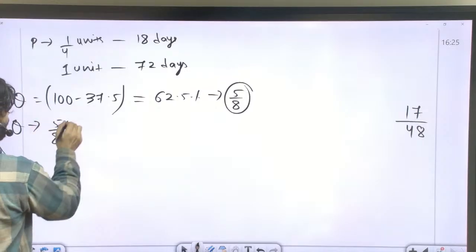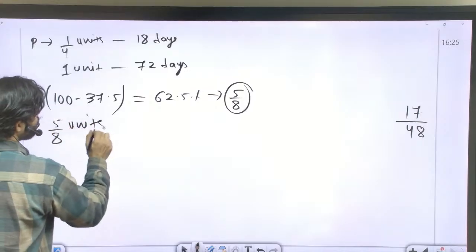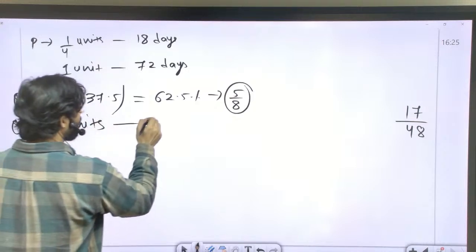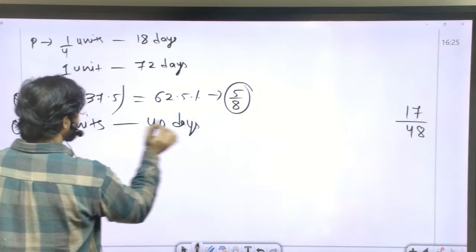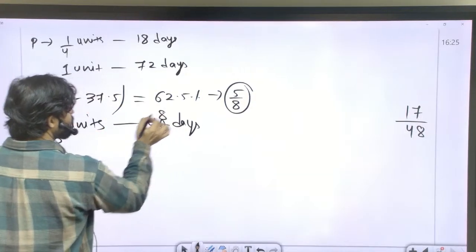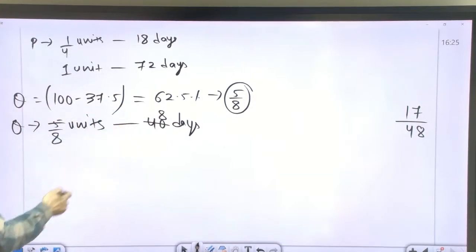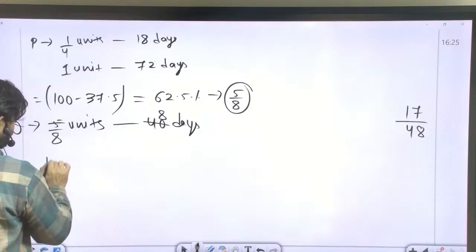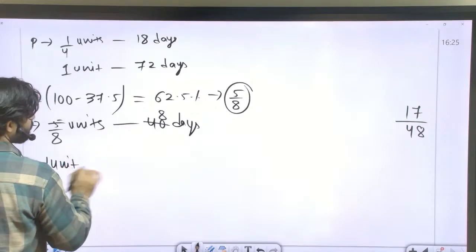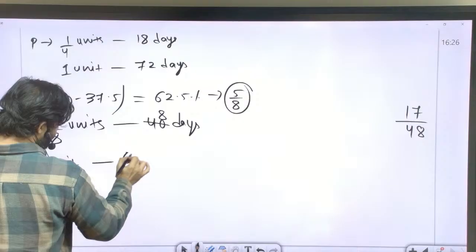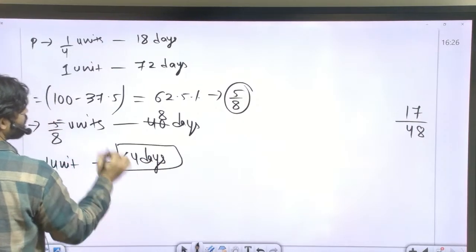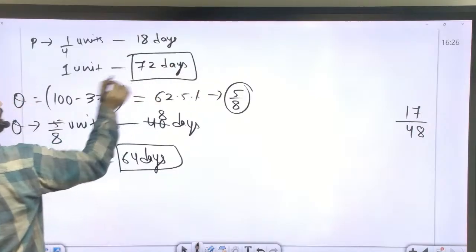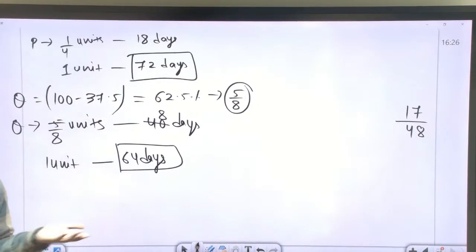So 5/8 units of work was done in 40 days. Cancel it. So here what we have? 8 into 8, that is 64. So now the question is very simple: P takes 72 days and Q takes 64 days to complete the same work.